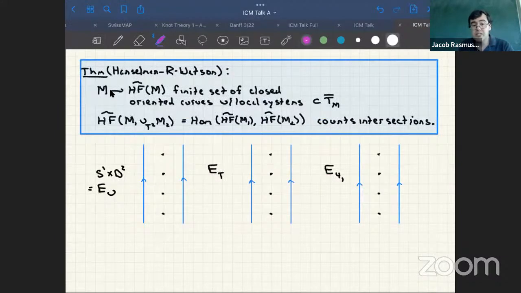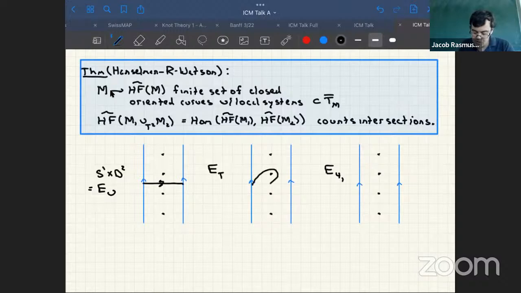What I'd like to do now is explain what this invariant looks like in some simple cases. Maybe the simplest case is when our manifold is S1 times D2. In that case, the invariant is just a single circle that goes around this cylinder midway between two of these points. A more interesting case is when I take the exterior of the right-hand trefoil knot.